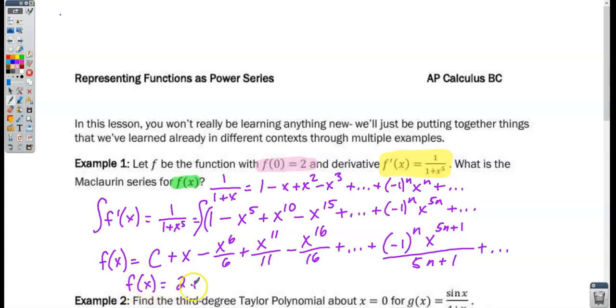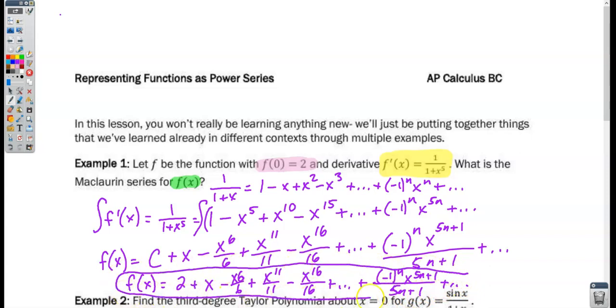And here is my series that represents f of x, given all of the conditions of the problem. All right, there's my series for f of x.